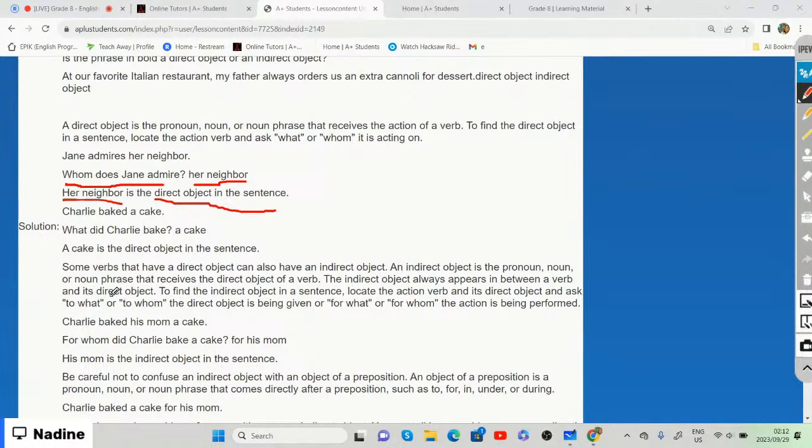Charlie baked a cake. So now we need to ask ourselves, what did Charlie bake? He baked a cake, which means that a cake is the direct object within the sentence.